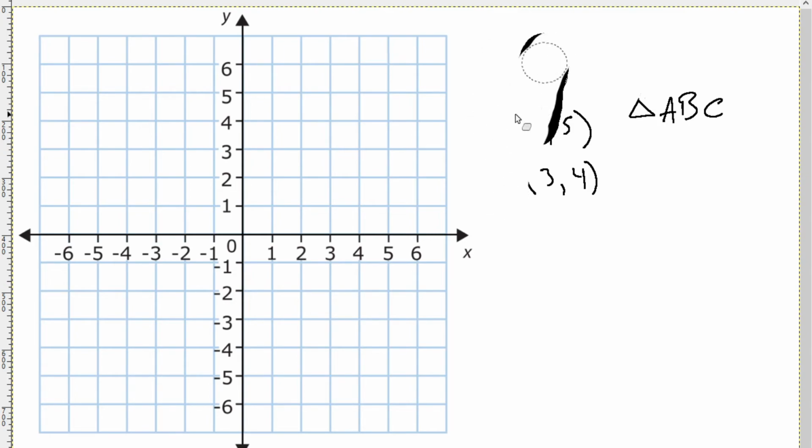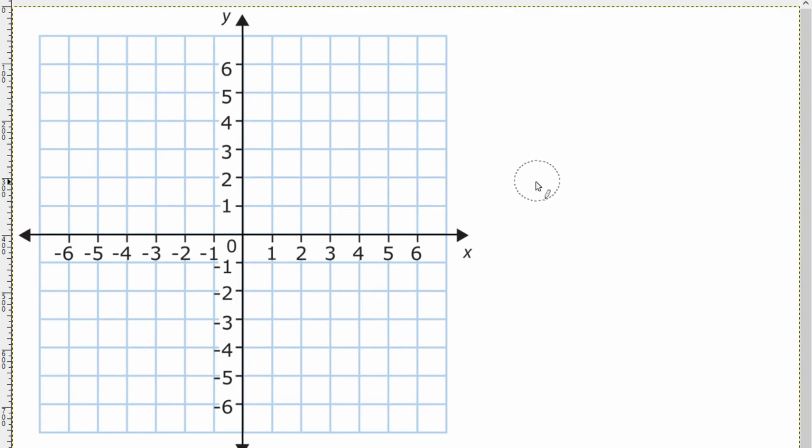Okay, so we'll do triangle DEF. Triangle? No, let's do something different. Let's see.